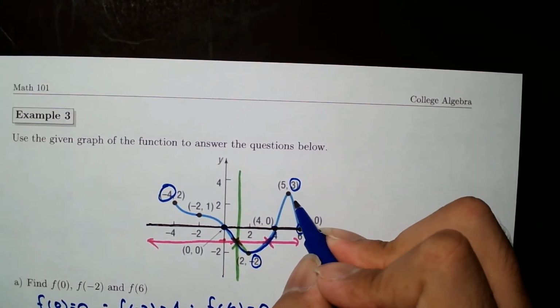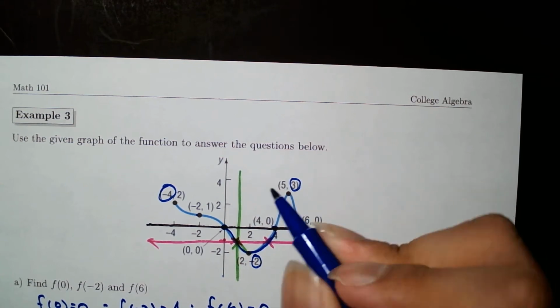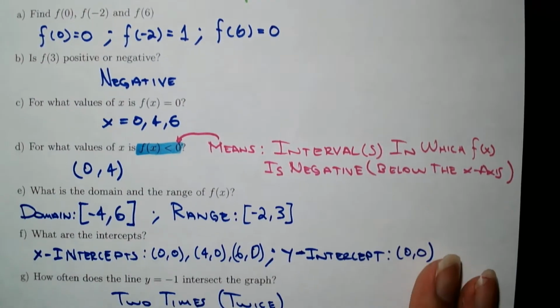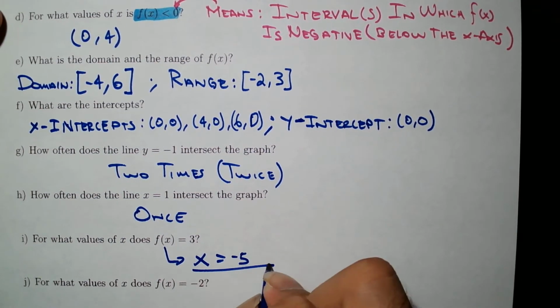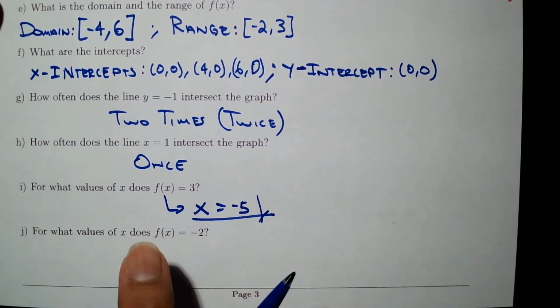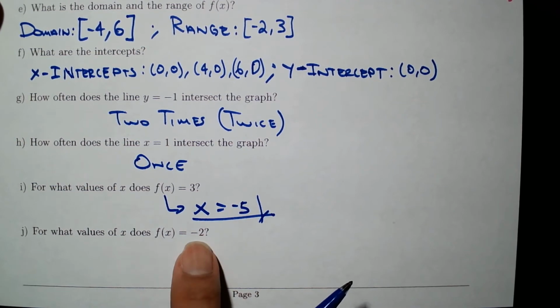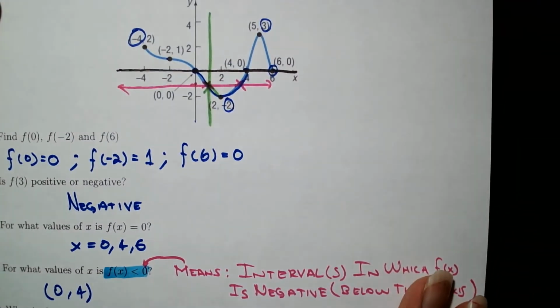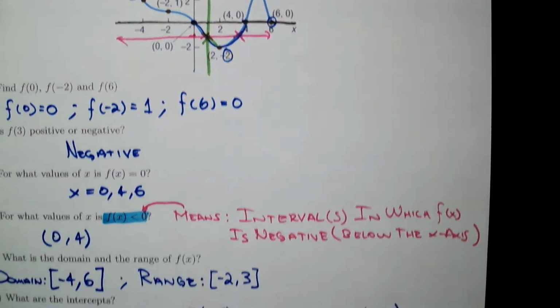It looks like we only get 1, that is 5. Now for what value or values of x do we get y equals -2? If we look at the graph, we get y equals -2 only when x equals 2.